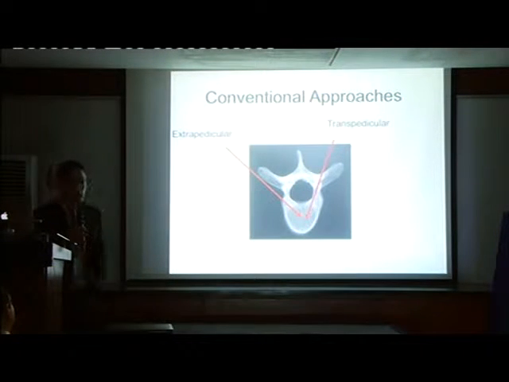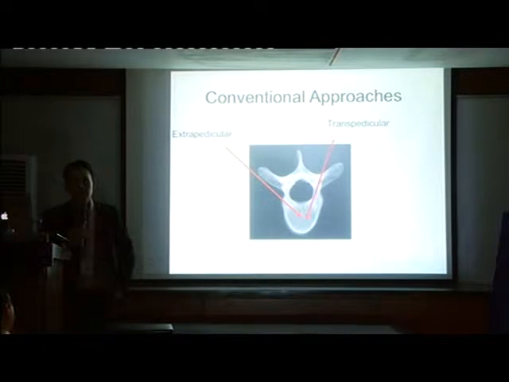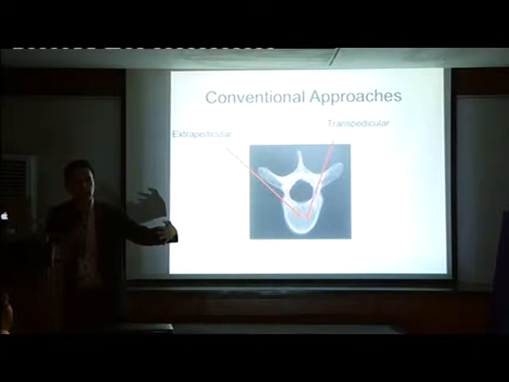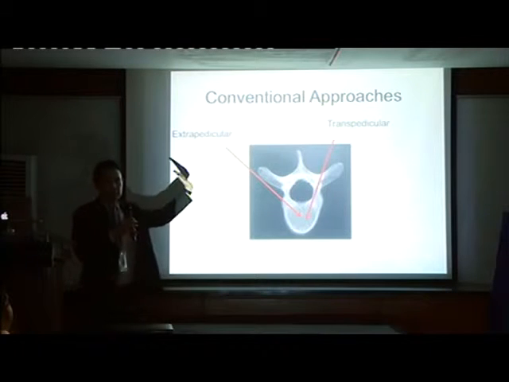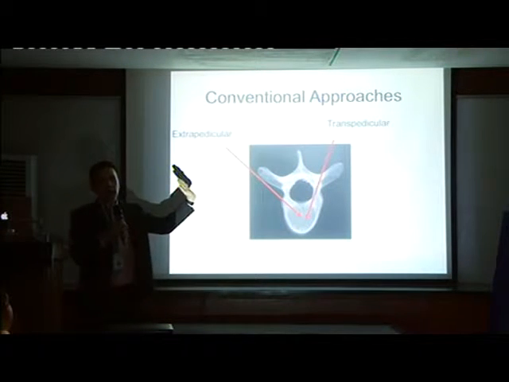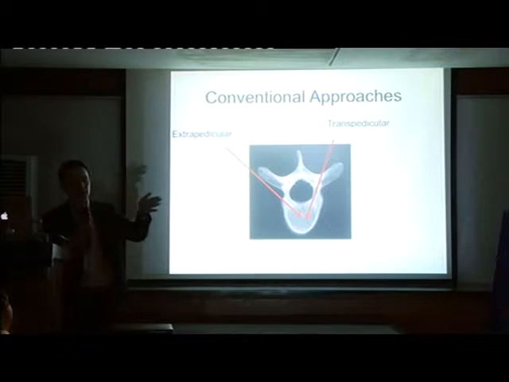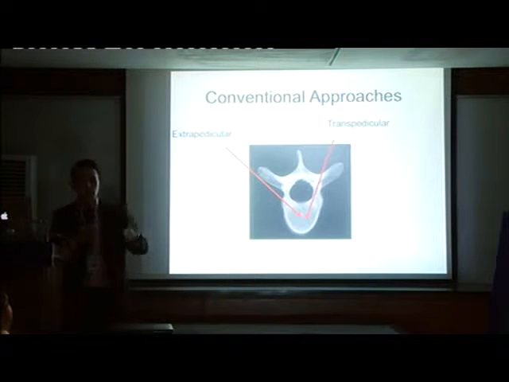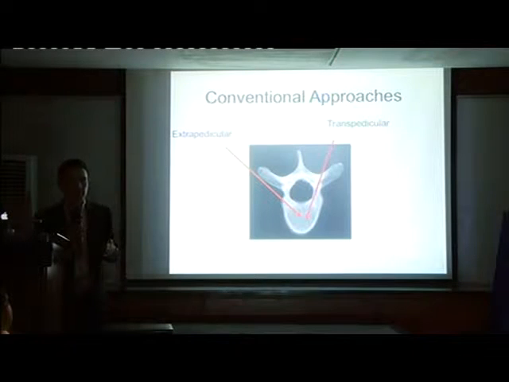The next way is a conventional extrapedicular. The reason why I sometimes use extrapedicular is for any level above T6. Because any level above T6, when you're in the lumbar spine, your pedicles are more oblique in orientation. As you go up the spine towards the cervical spine, in the thoracic level, your pedicles are more sagittal.